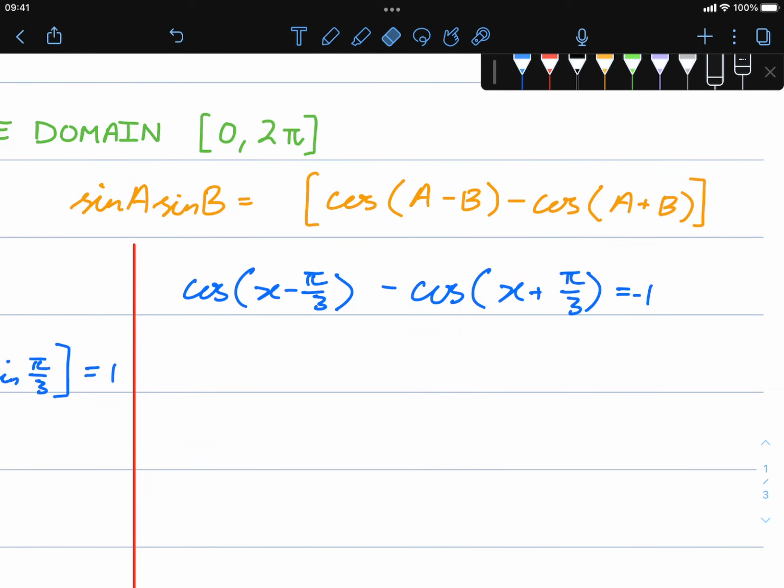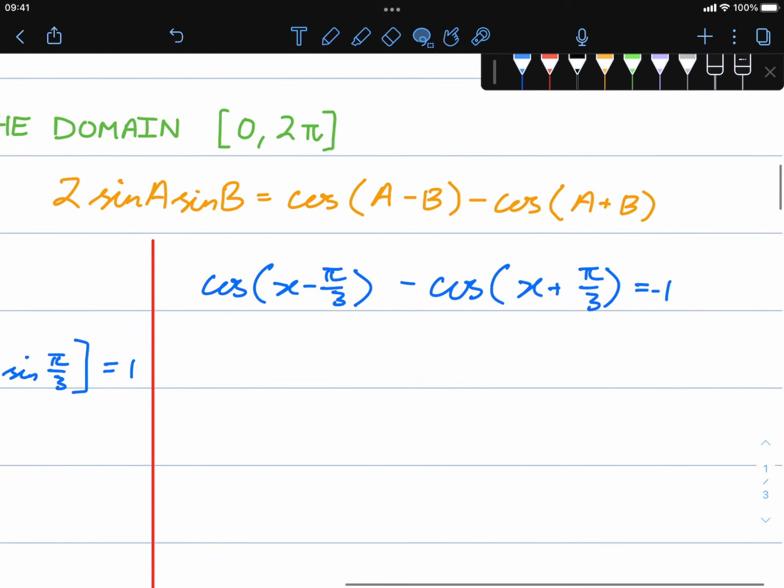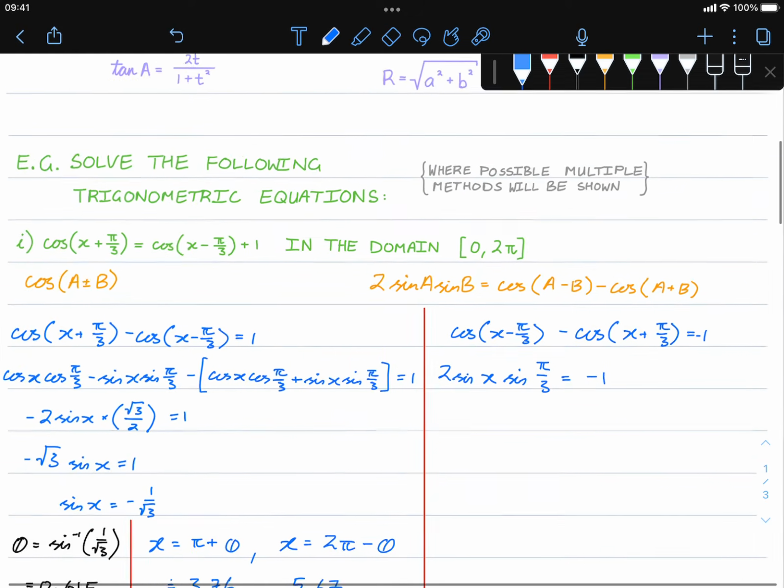Well, rearranging this, if we go 2 times this, it's equal to what we have here. So now this concludes to us as 2 sine of a, which is x, times sine of b, which is pi on 3, equals -1.